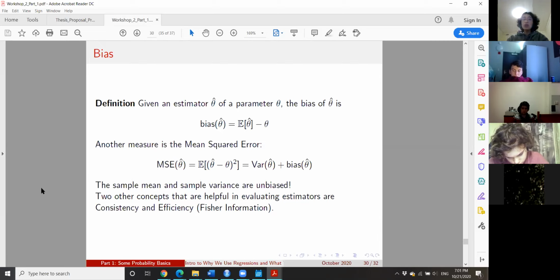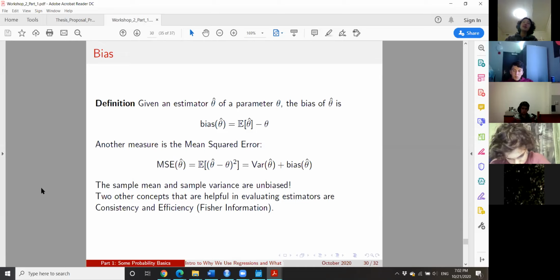There are a lot of different tools and methods to create estimators. We're not going to go into all of those because there are a lot of them, but they exist, and you'll learn about them in your stats class. So the bias: if you have some estimator that you're computing, the expectation of that estimator minus the actual parameter is the bias of the estimator.